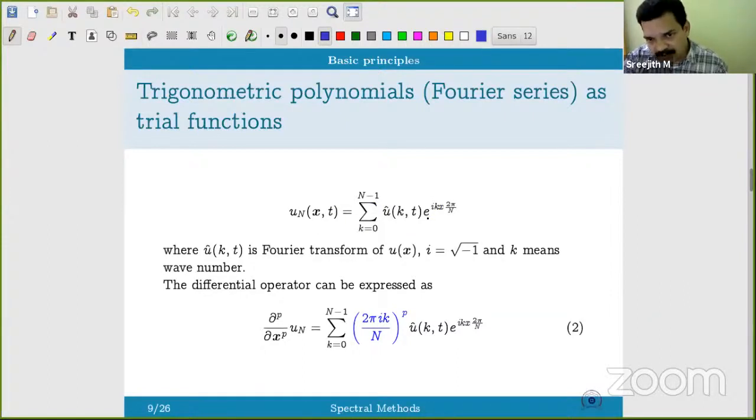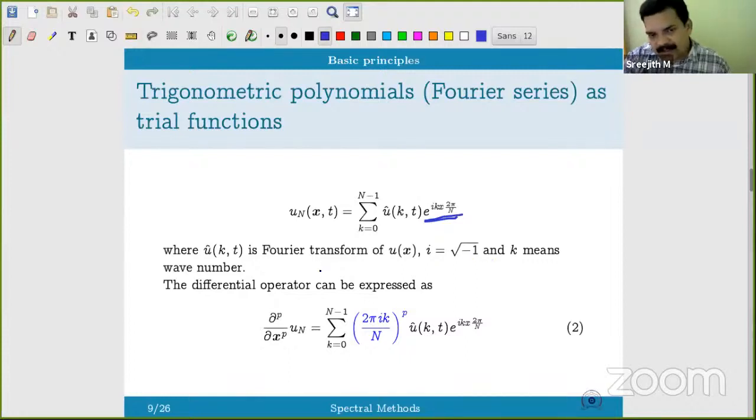The trial function is e raised to ikx 2 pi by n, where k is the wave number, x is the space variable, and n is the number of collocation points, meaning the number of grid points. So u cap is the Fourier coefficient. u cap k,t is the Fourier transform of u x, i is root of -1, and k means the wave number.